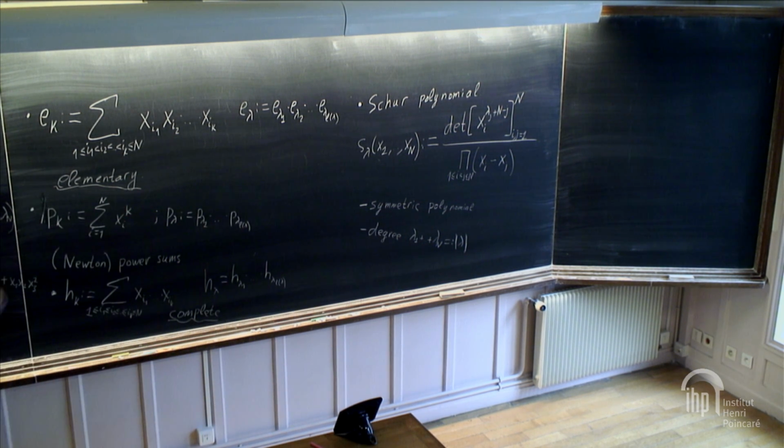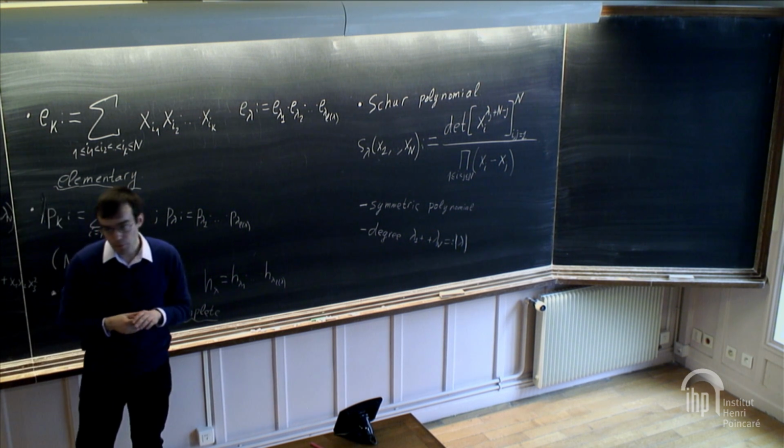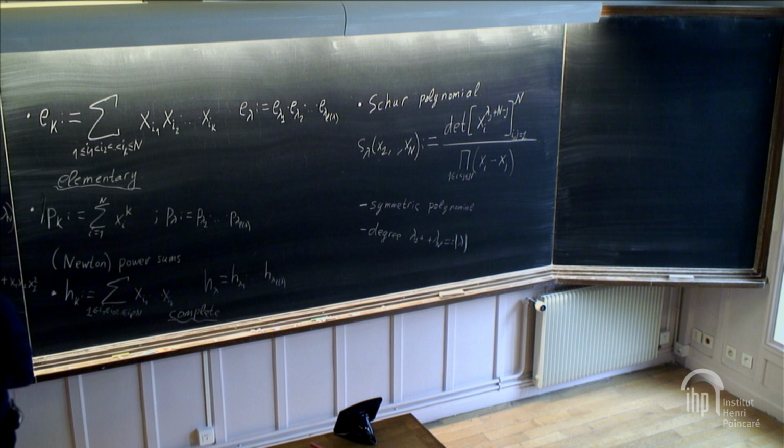So this object is quite non-trivial, and it is probably the main hero, and one of the main heroes, of these lectures. So any questions about this definition of this symmetric polynomial?